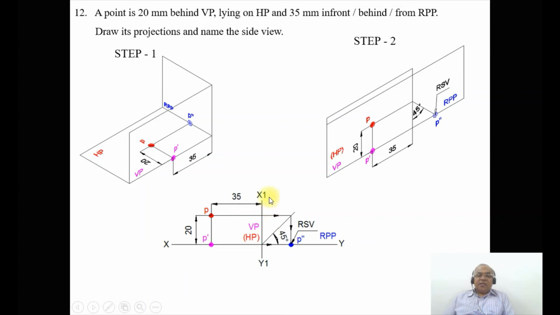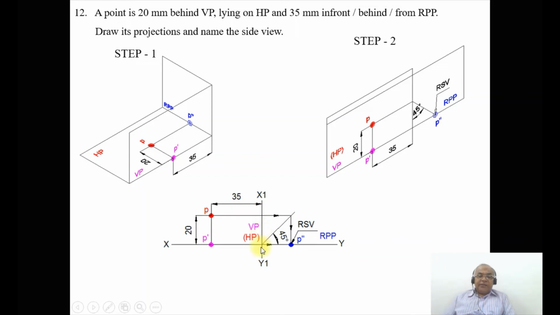So once you draw the XY and X1Y1 lines, identify the planes first. That means first you write VP and then you write HP, and RPP adjacent to VP only. Since VP is above the XY line, RPP is also above the XY line.